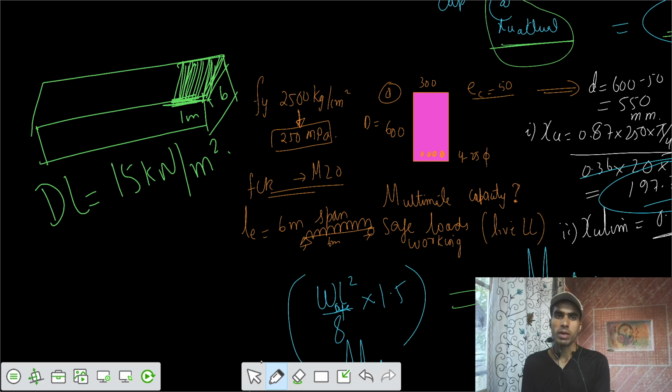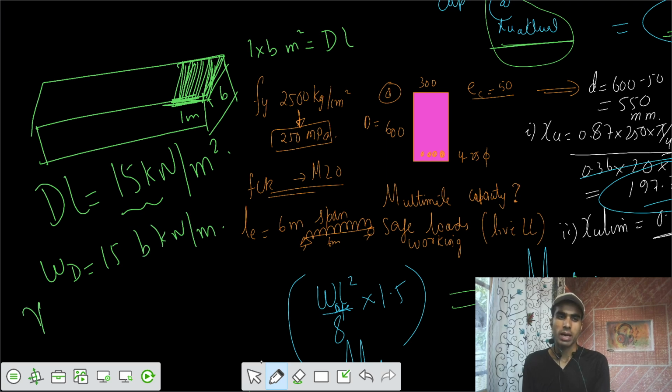So per 1 into B area in meter square, you have a dead load of 15 kilonewton per meter square. That means the actual dead load intensity would be 15 into B kilonewton per meter. We can also solve that by gamma concrete into the width and depth of the cross section, and you would get the same value.